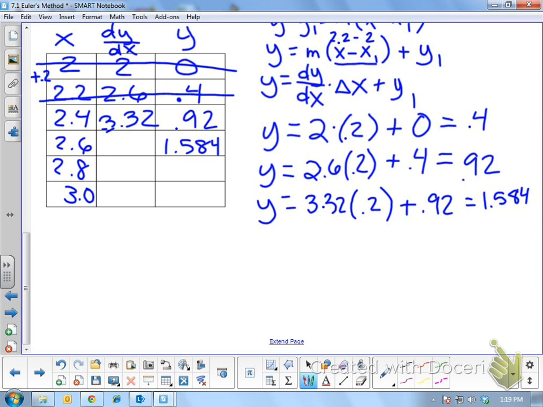So we add those together again. 2.6 plus 1.584 is 4.184. So we do again. dy dx is 4.184 times 0.2 plus 1.584.